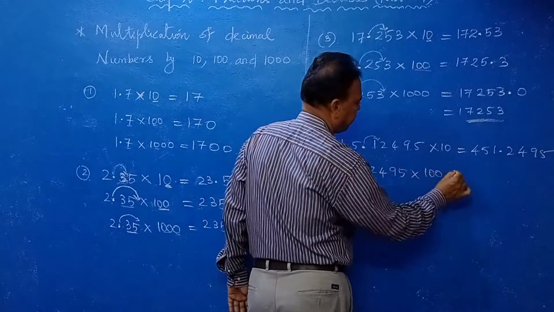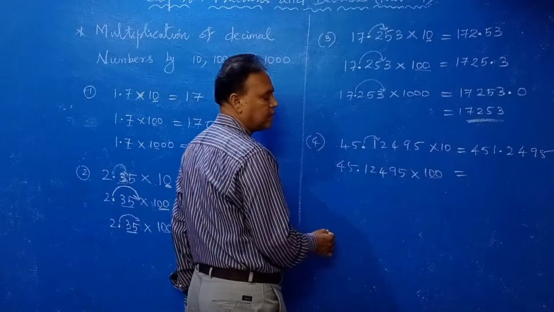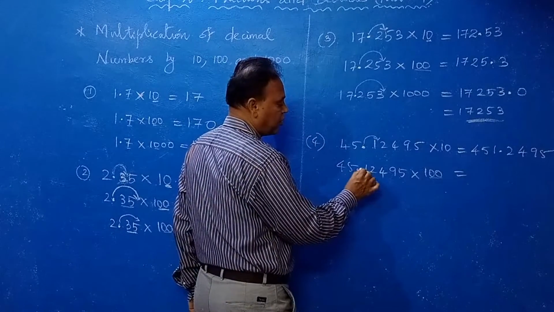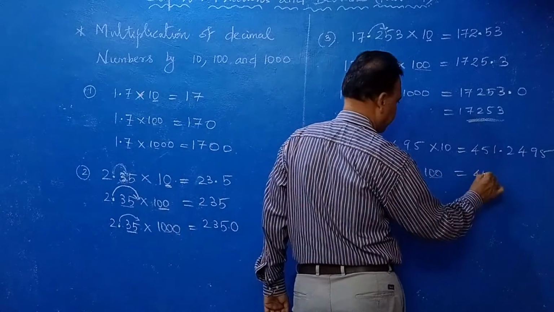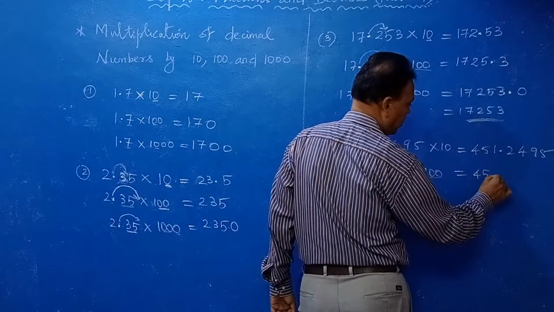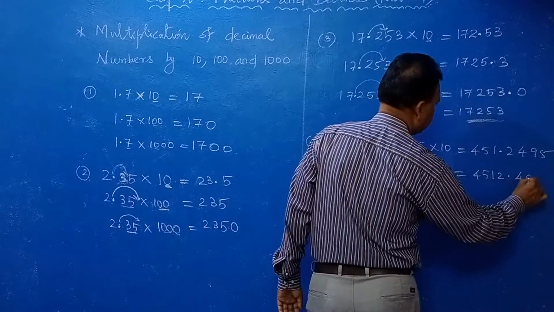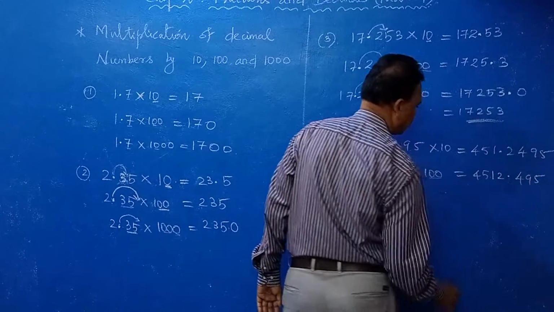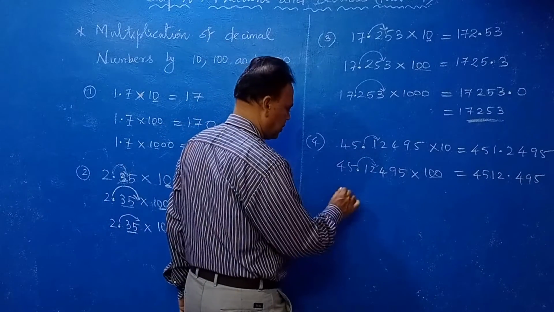Into 100: one is followed by 2 0, so you move this point 2 digits right. That means 4512.495.